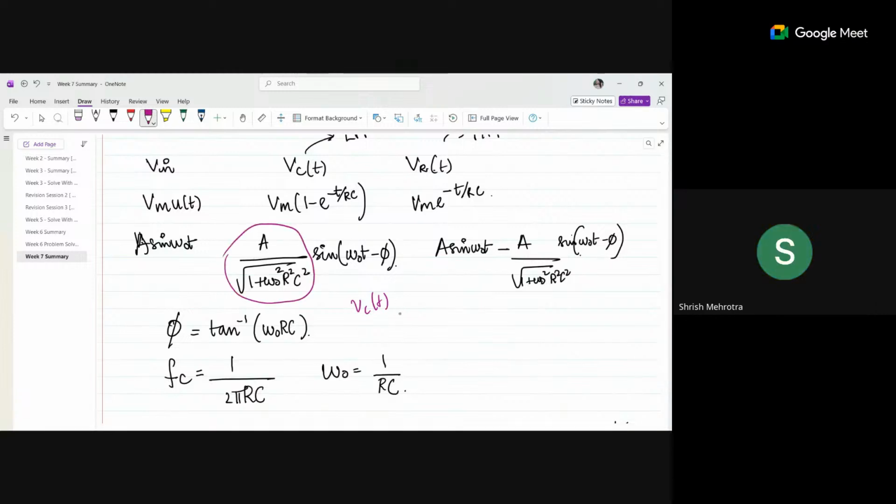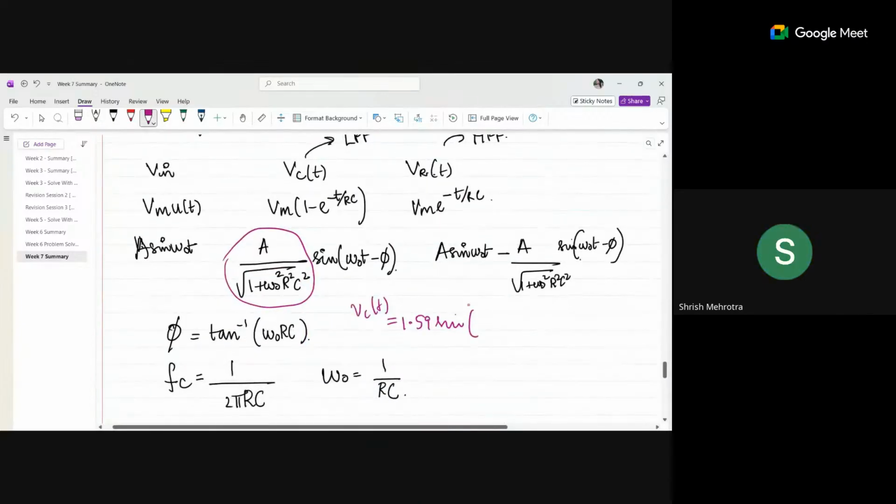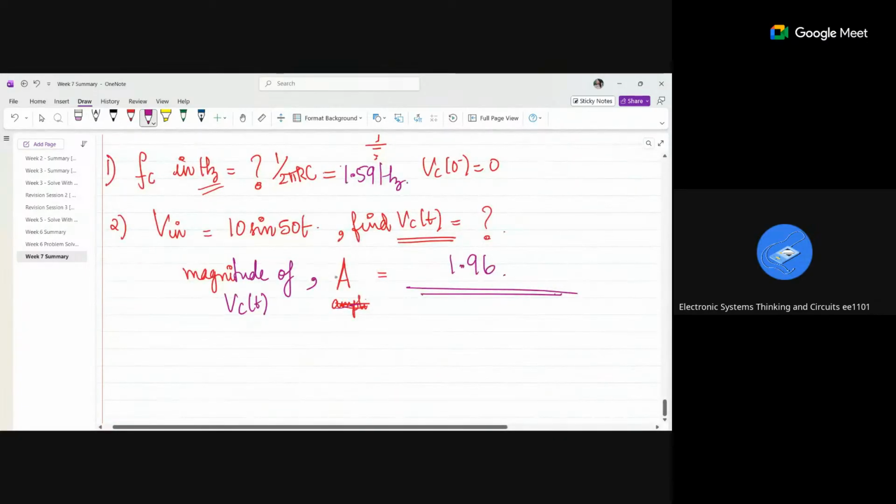Your output will be sine, where the omega naught value is nothing but half of t. So, ma'am, if only the magnitude is asked, we have to find just this one only? Yes, only this value. This phi you can apply here if they ask you to write the equation of VC of t. Here, since only the magnitude of VC of t is asked, it is 1.96.